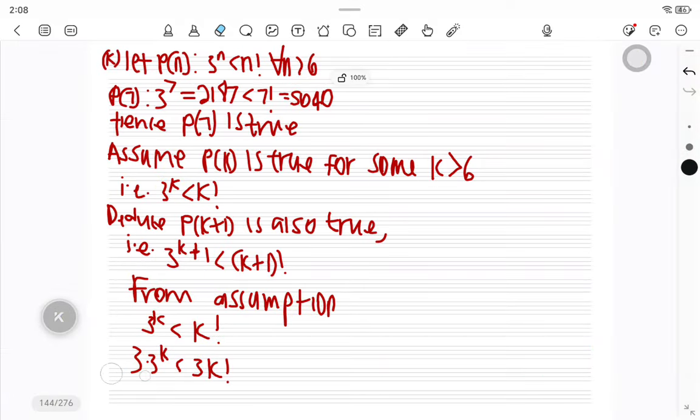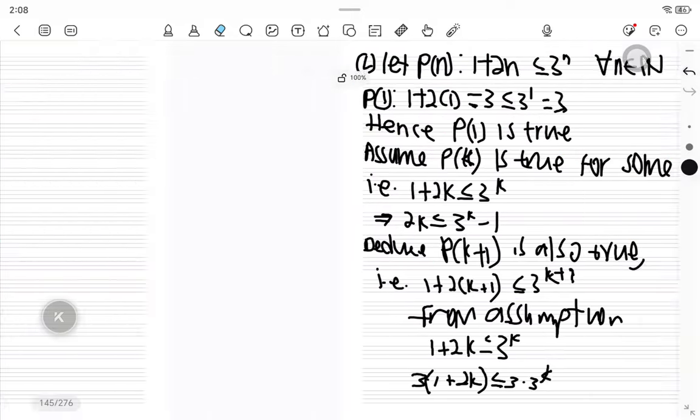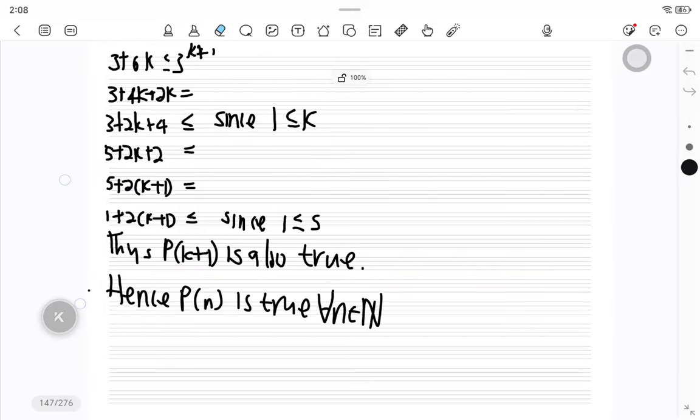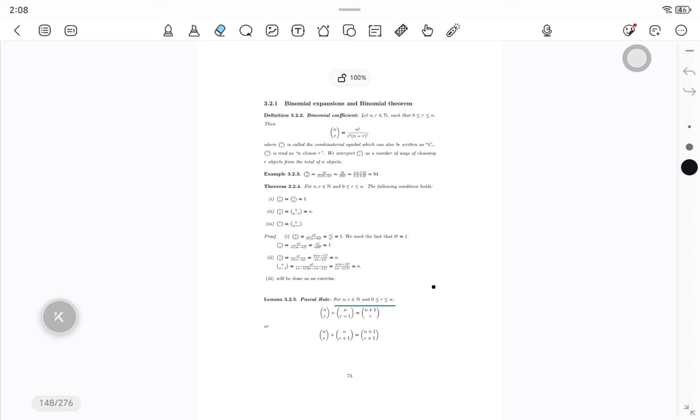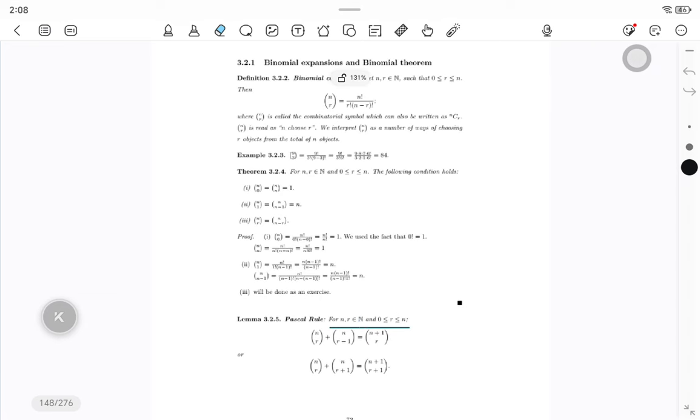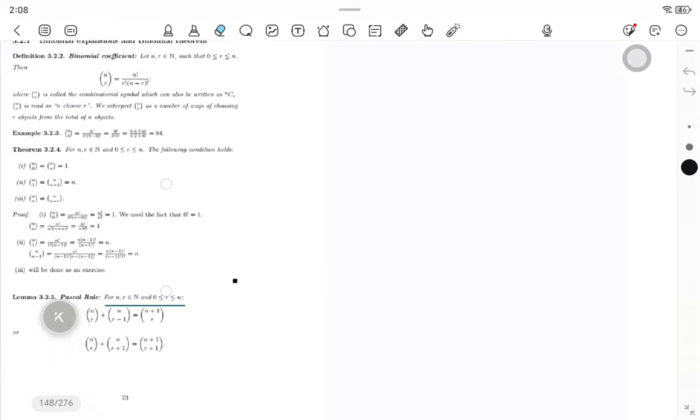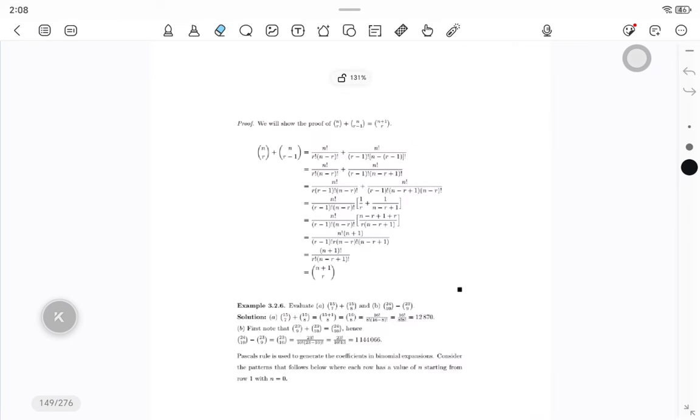We can look at this part of binomial expressions, expansions, binomial theorem, all these. The triangle inequality, Pascal's triangle.